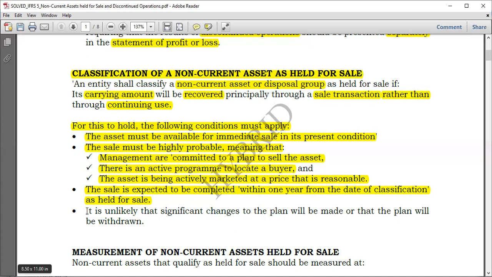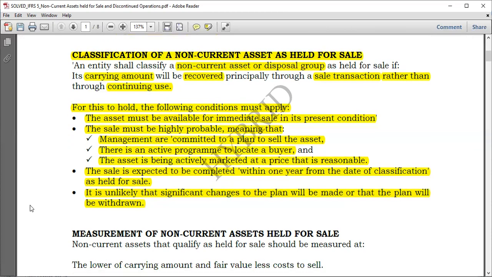We say that it is unlikely that significant changes to the plan by management will be made or that the plan will be withdrawn. So if you see that, oh, management are committed, but the way I see, they'll just change this plan, or they'll withdraw this plan altogether, you say, oh no, this is not classified as held for sale. So it's just about the reality, all right?